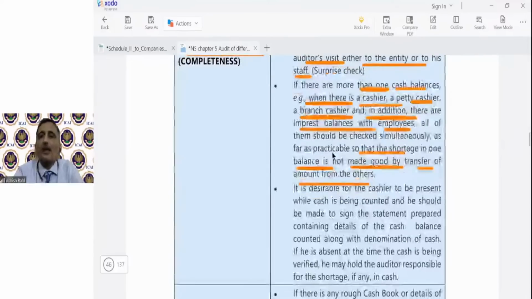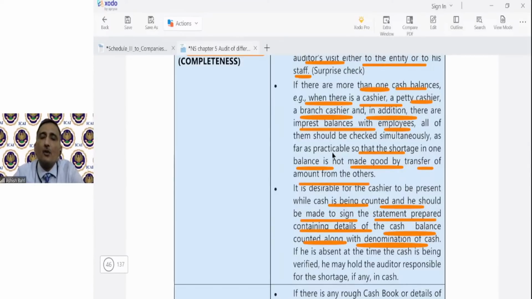It is desirable for the cashier to be present while cash is being counted, and he should be made to sign the statement prepared containing details of the cash balance counted along with denomination of cash. Obviously, when you are verifying the cash, the custodian, the person in whose custody the cash is, that is the cashier, needs to be present there.